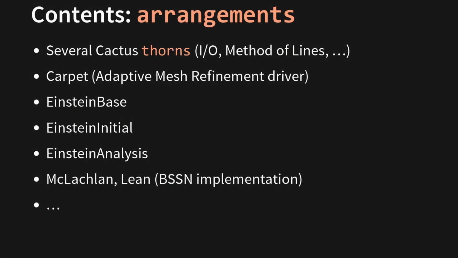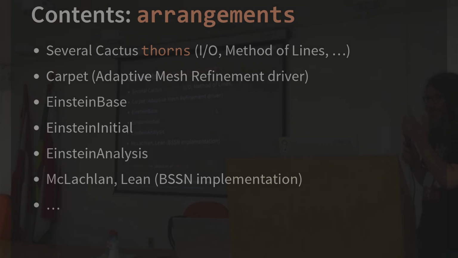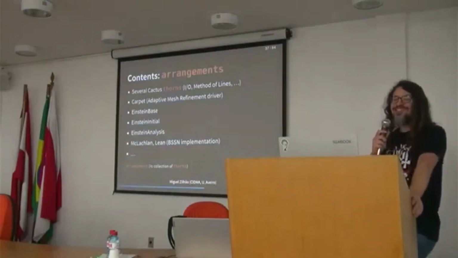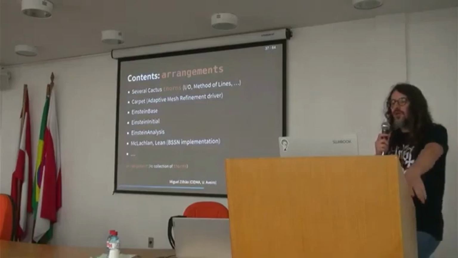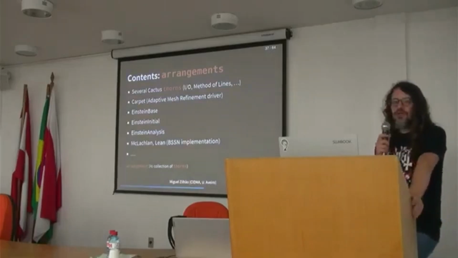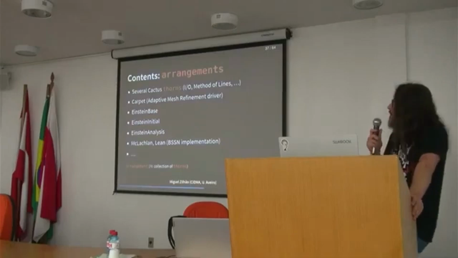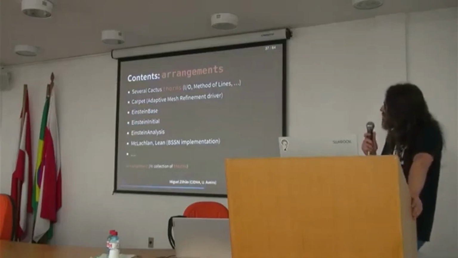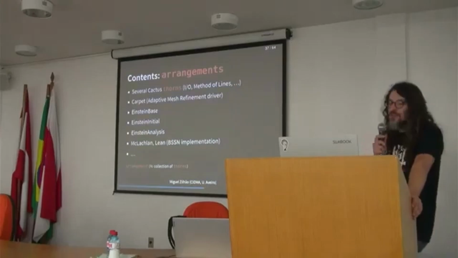So let me go a bit into some organizational details of the code, so that when we get to the hands-on session, some of these things are already a bit more familiar. Within Cactus, or the Einstein Toolkit, things are split into what are called arrangements.